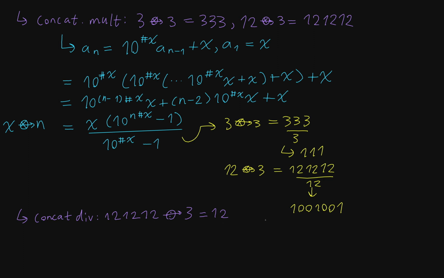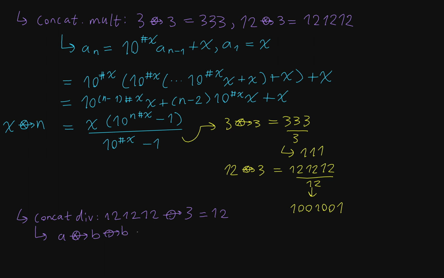And so with this, just like how we solved for the deconcatenation formula, you can use the fact that we want this to be a sort of inverse of concat multiplication. So we'll have A concat multiplied by B concat divided by B, right?